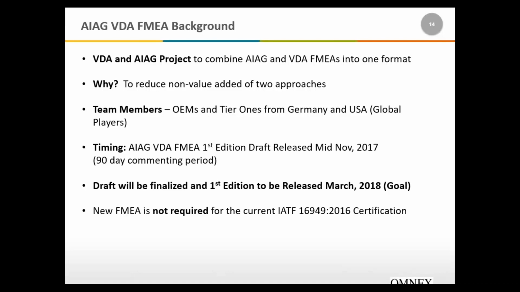And again, as we talk about the new FMEA, we have to say that it's not required for your IATF 16949 registration right now. So please relax. This is something that's going to take some time.